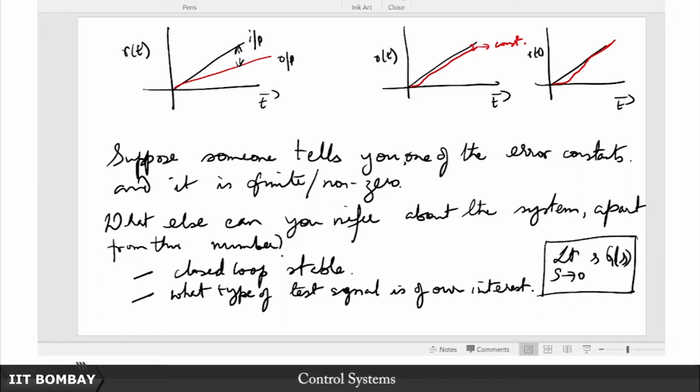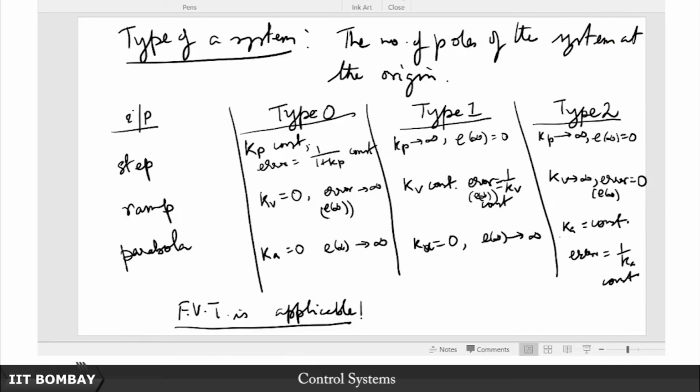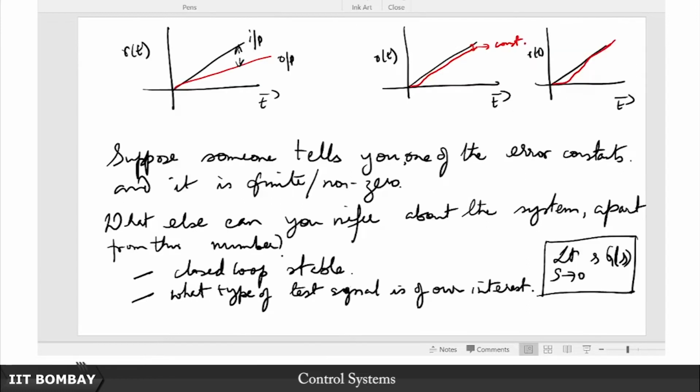So if someone is giving me Ka, for instance, the acceleration constant, it means that the person is interested in the system's response to a parabolic input. If someone is giving me the velocity constant, it means the person is interested in applying a ramp input, right. If someone is giving me position constant, it means the person is interested in a step input and its response, right. So therefore, that is the second thing we can deduce.